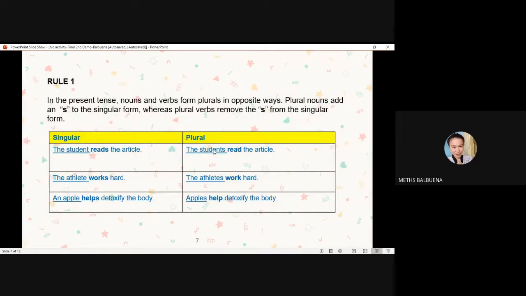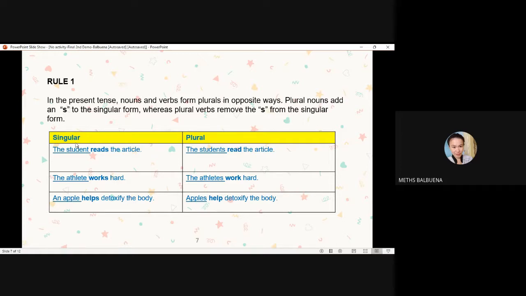So we go with our rule number 1. In the present tense, nouns and verbs form plurals in opposite ways. So plural nouns add an S to the singular form, whereas plural verbs remove the S from the singular form.